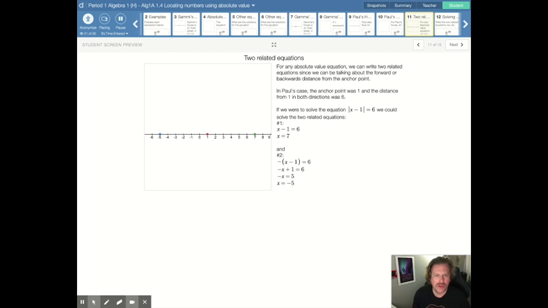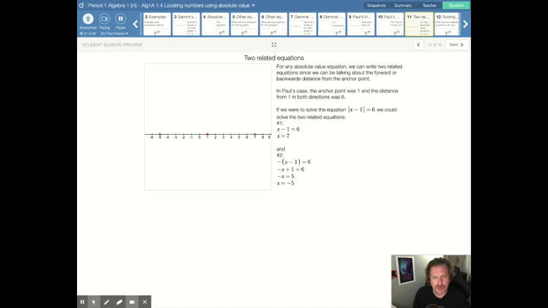For any absolute value equation, we can write two related equations since we can be talking about the forward or backwards distance from the anchor point or the starting point. In Paul's case, the anchor point was 1, and the distance from 1 in both directions was 6 units. If we were to solve the equation, the absolute value of x minus 1 equals 6, we could solve two related equations.